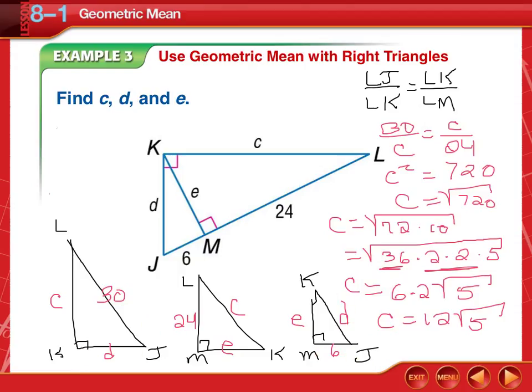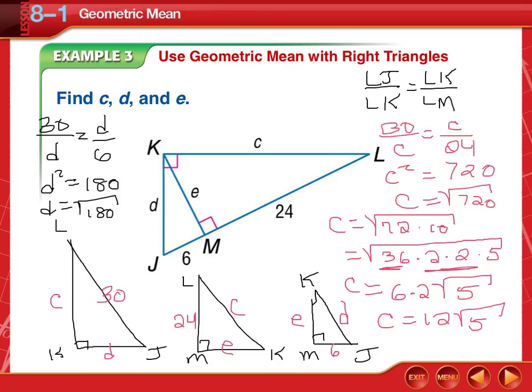We could say the hypotenuse 30 is to the hypotenuse D in the baby triangle, as the short side D in the large triangle is to 6, the short side in the baby triangle. And if we cross multiply, we have D squared equals 180, and solving for D, D equals the square root of 180.